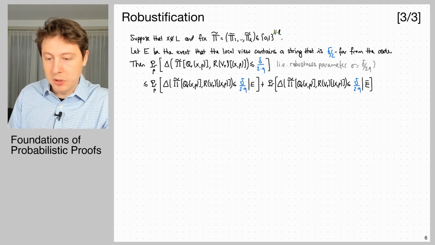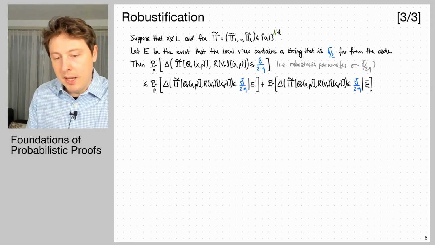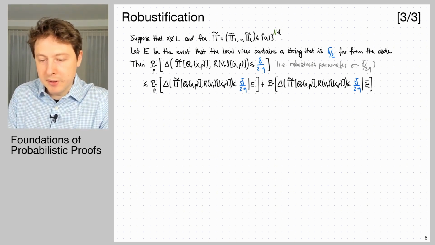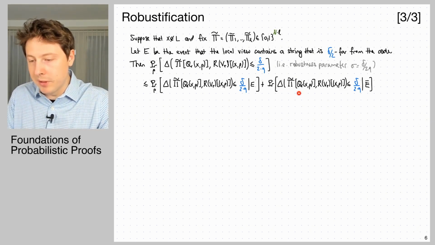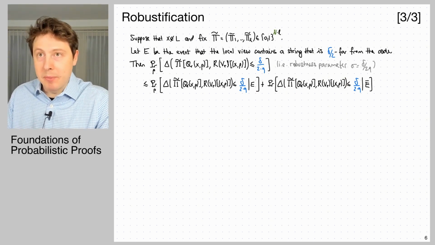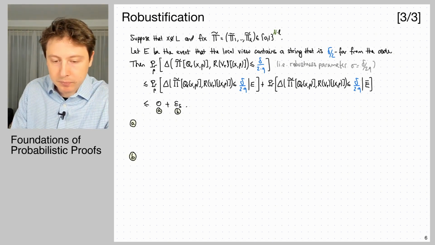All right, so we're going to upper bound this probability by saying it's at most the probability of this event conditioned on the event E, plus the probability of that bad event conditioned on not E. I'm not using any properties besides basic discrete probability.